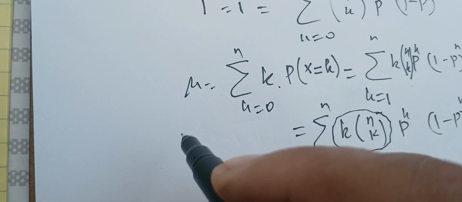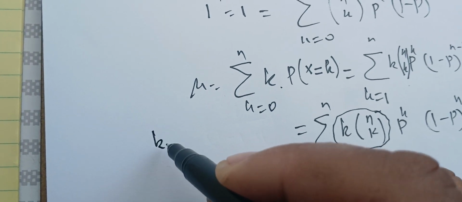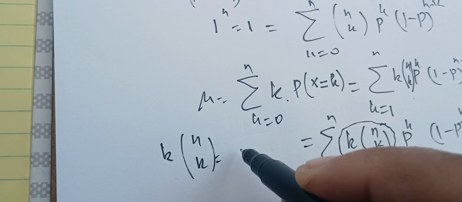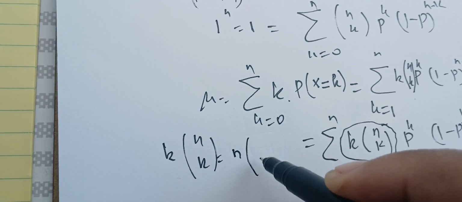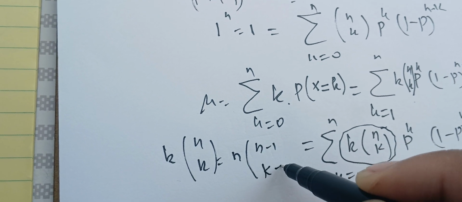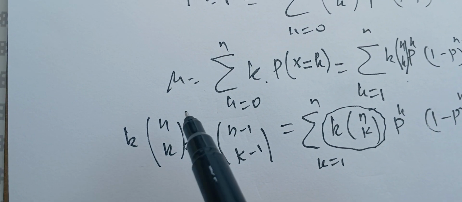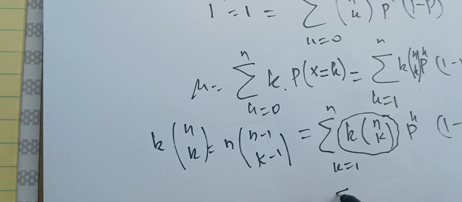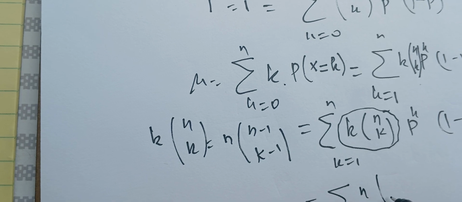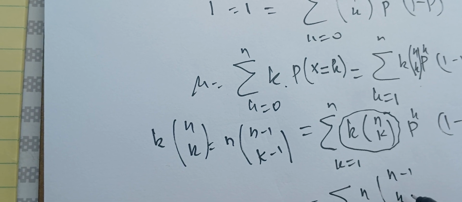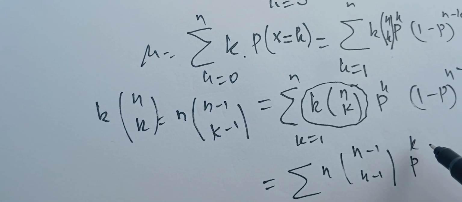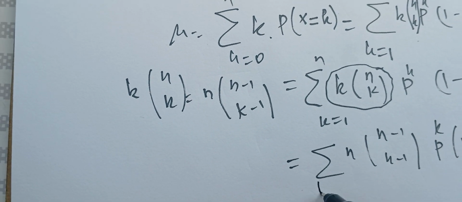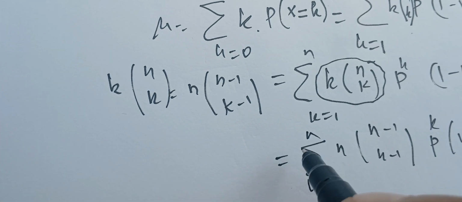Okay, so here we can prove, or I just proved, that k times n choose k is the same as n times n minus 1 choose k minus 1. I'm going to use that one here to help me. Here I now have n minus 1 choose k minus 1 times p to the power k times 1 minus p to the power n minus k, where k is going from 1 to n.